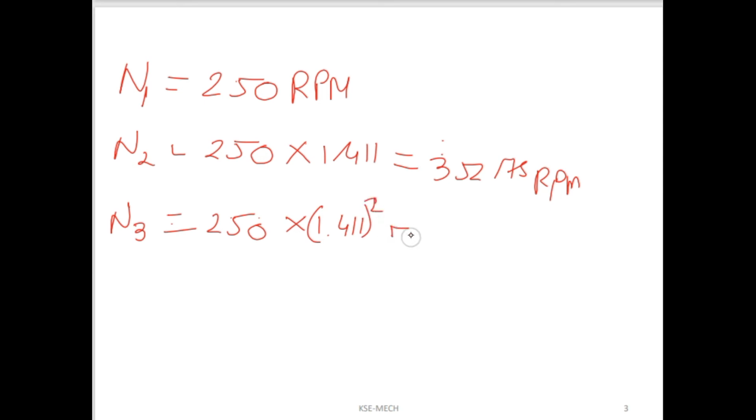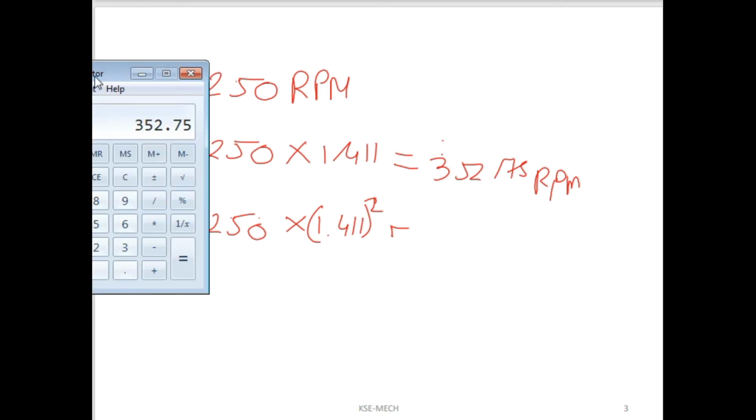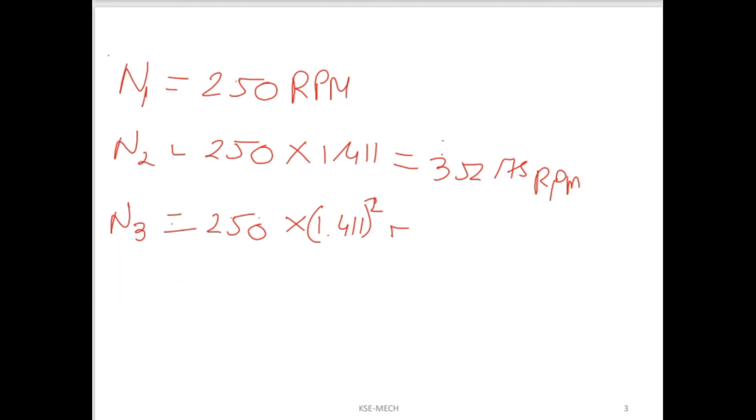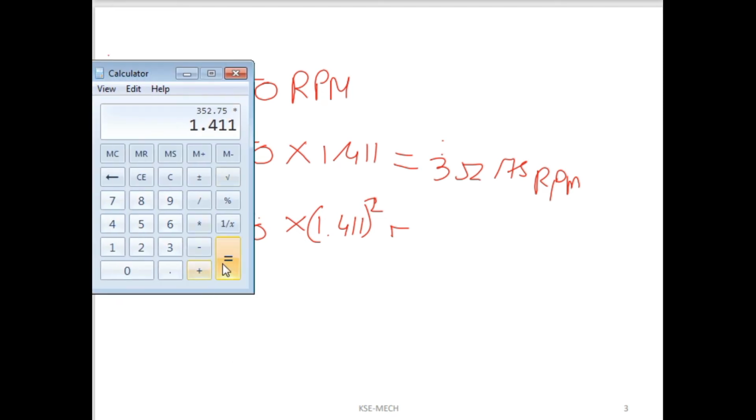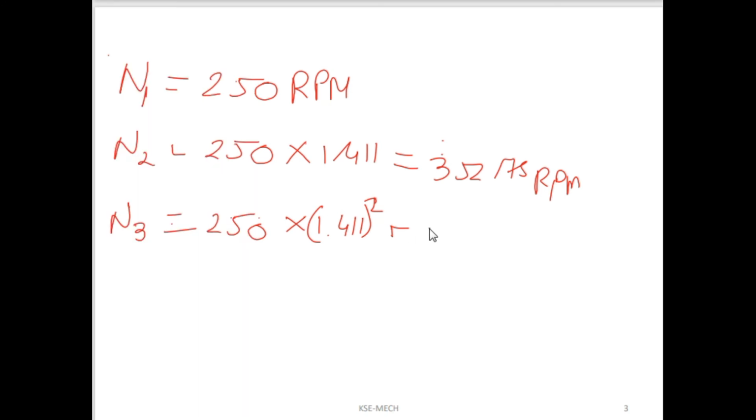If we calculate, we again multiply it with 1.411, and that value will be 497.73 rpm.